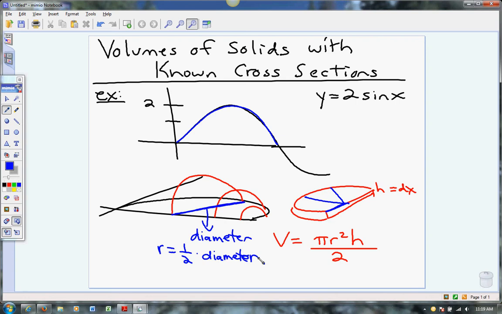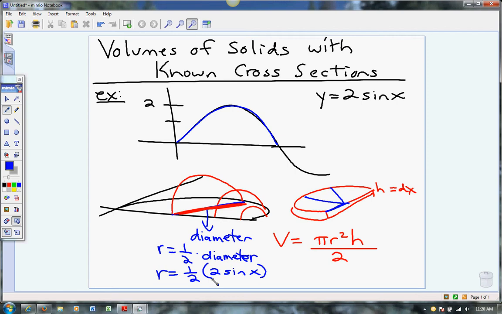Isn't this distance right here going to be the function value? So what I have now is that the radius is 1/2 of 2 sine of x.